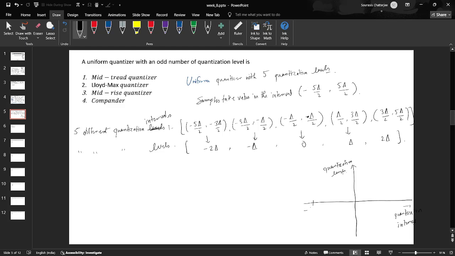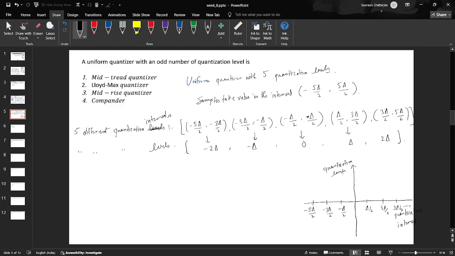We have minus 5 delta over 2, minus 3 delta over 2, minus delta over 2, then comes 0. Here we have delta over 2, 3 delta over 2, and 5 delta over 2.